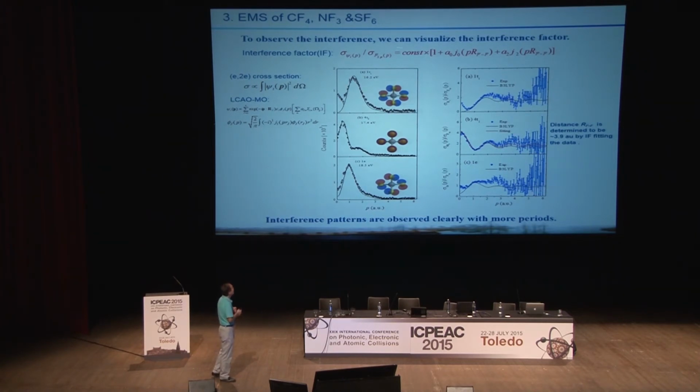Furthermore, we can use this interference factor to fit the experimental data and determine the distance between two fluorine atoms.